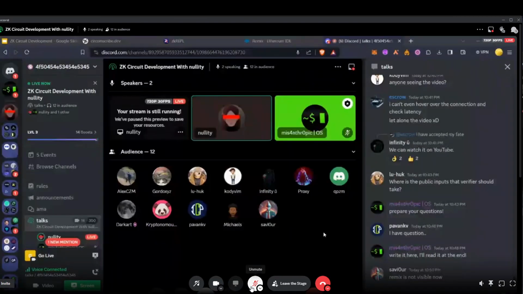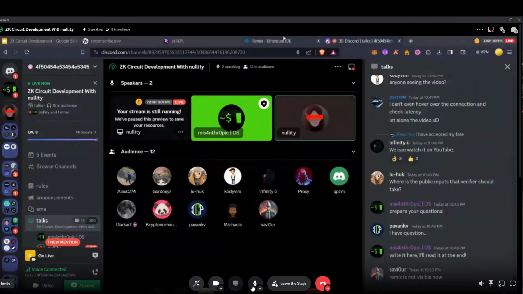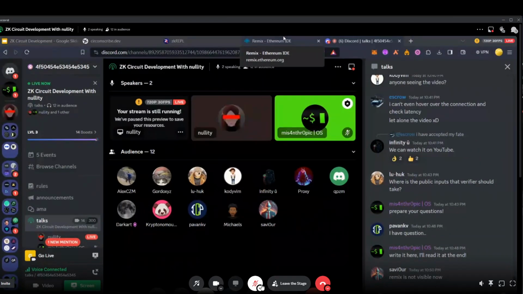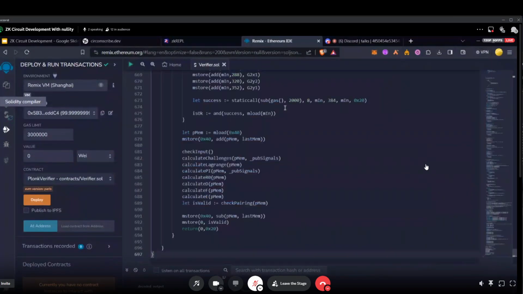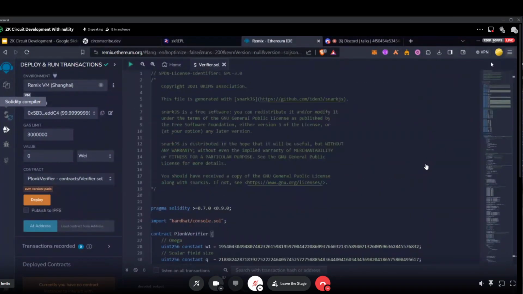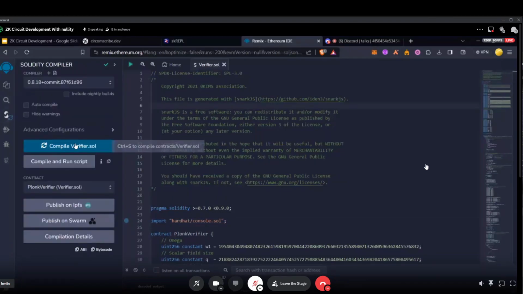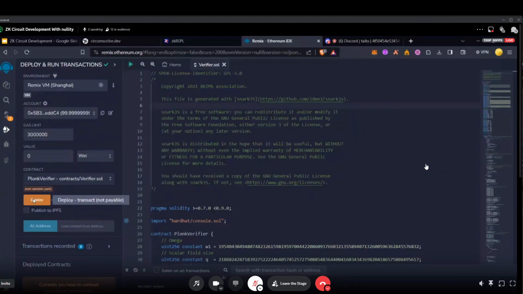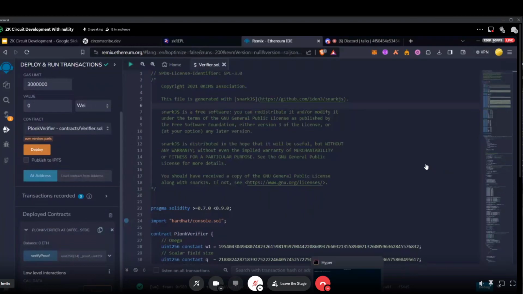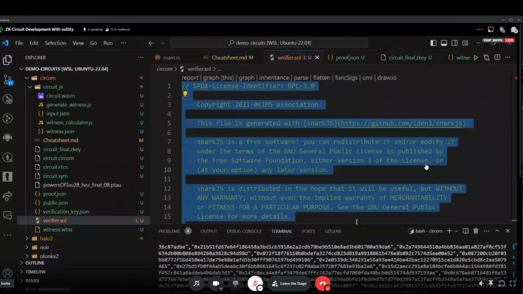Whenever I try to share my entire screen, it just doesn't work, so I try to do it in tabs. Can you see my screen right now? Oh, let's just try to compile. Deploy. Okay. Copy our proof once again.